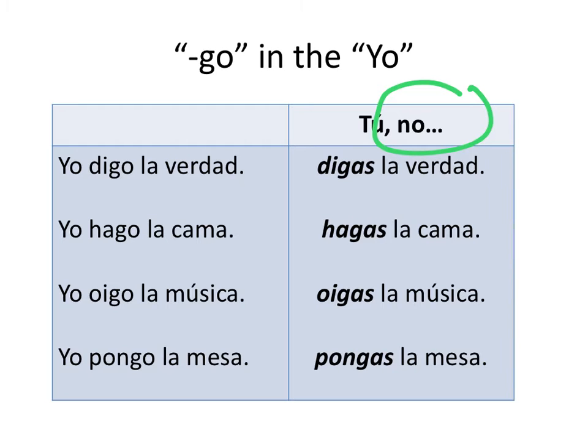It's not new. They're all what kind of verbs? Go. That's why we have to go to the yo. Tener, yo tengo, no tengas. No tengas, whatever. Mi libro. Okay? Digas, hagas, oigas, pongas.